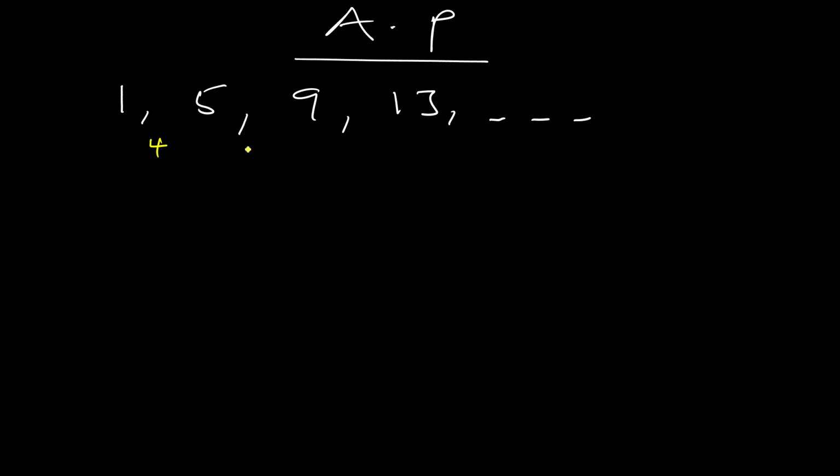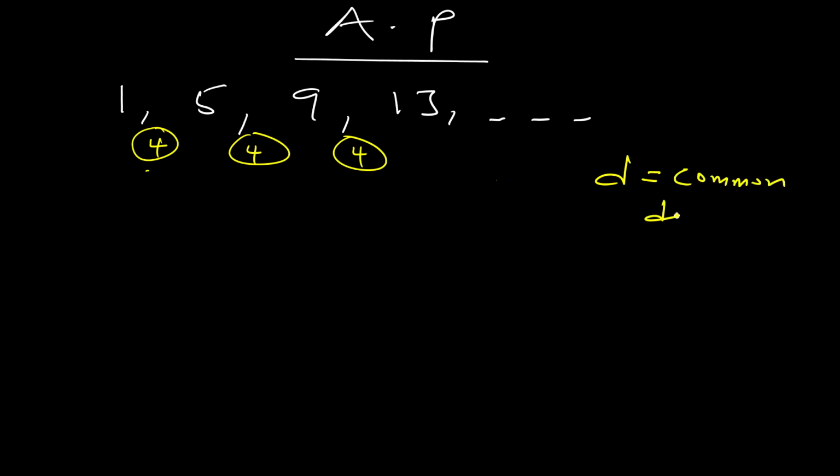The difference here is 4. 5 to 9, 4. 9 to 13 is 4. Now, the difference here, 4, 4, 4, there is a name for it. We use D for that. But be very careful here. D is called the common difference.